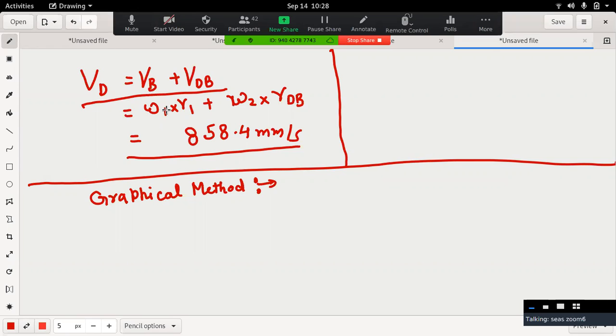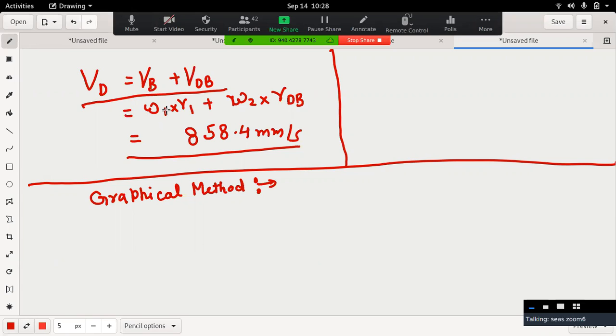It all depends on how precise your drawing is. So it becomes very convenient and helpful. You can use the graphical method with software also, like open source software such as Inkscape, where you can draw precise angles and precise lengths, and you can get the answer.